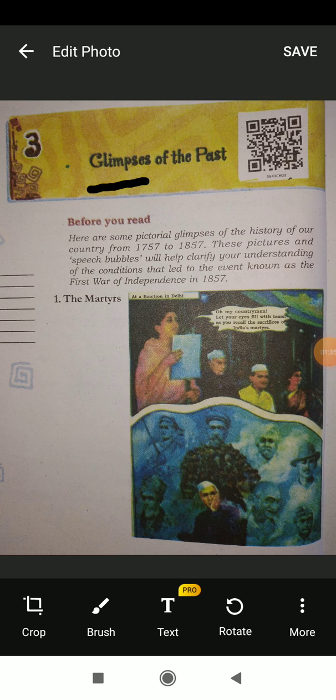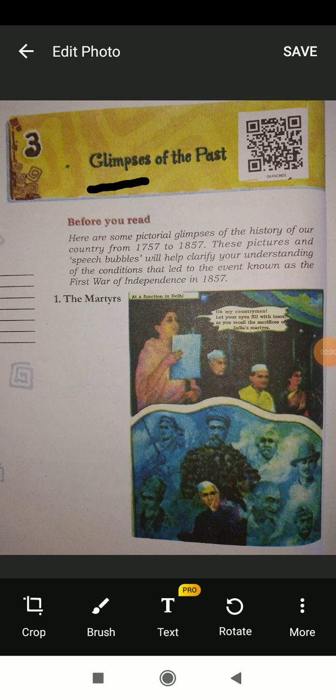All right. So let's begin with the first page. What is there in the first? Before beginning, read it out. Here we have "Before You Read". So what is there? Here are some pictorial glimpses of the history of our country from 1757 to 1857.